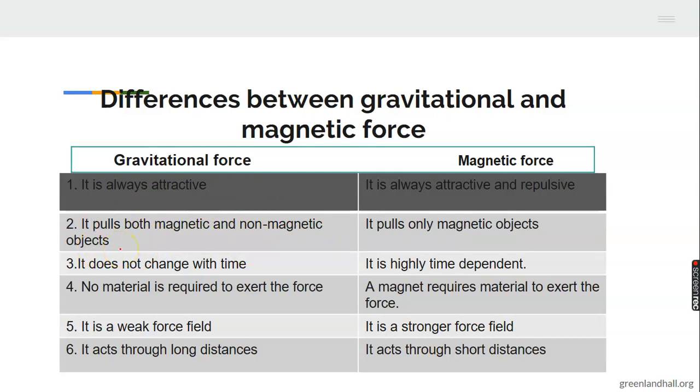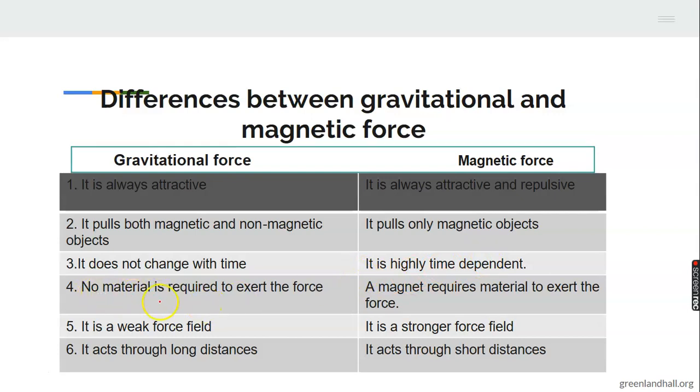That means gravitational force is the force of gravity, so it has effect on anything, either magnetic or non-magnetic. And magnetic force pulls only magnetic objects. The third one: gravitational force does not change with time, while magnetic force is highly time dependent. That means it changes with time.